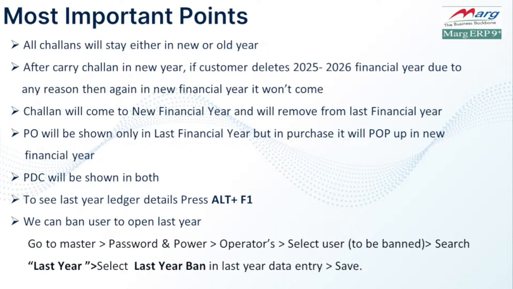By doing this, your particular user will not have access to the last financial year. It can be reversed also. In case you want to give the access, you can go back to the same place, select no, and then they will have access to the last financial year.